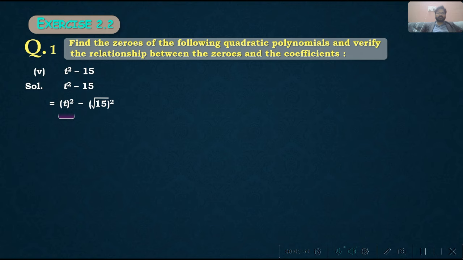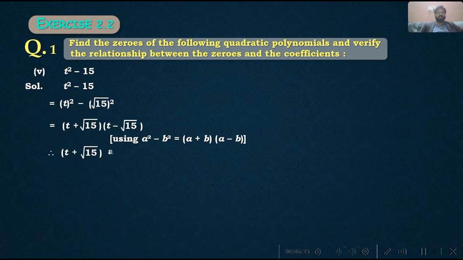We know that t is a square and root 15 is b square. So the identity a square minus b square is equal to a plus b and a minus b. Now t plus root 15 and t minus root 15 are the factors of t square minus 15.